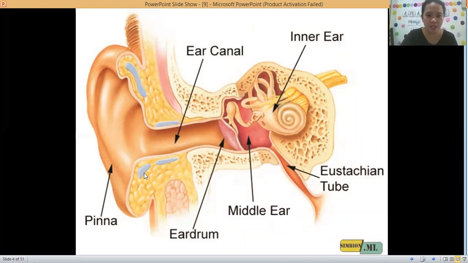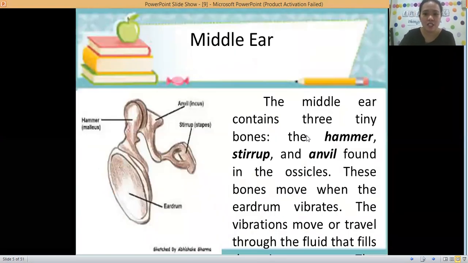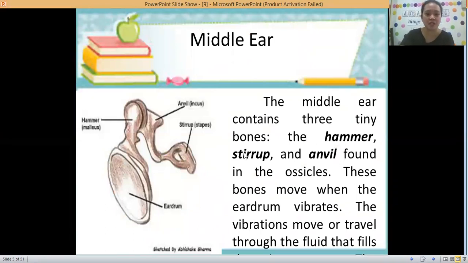This is the pinna. The parts of the ear: pinna, ear canal, where the sound travels, eardrum, the thin layer, the middle ear with three tiny bones, inner ear, which looks like a shell. So the middle ear contains three tiny bones, the hammer, the anvil, and the stirrup.